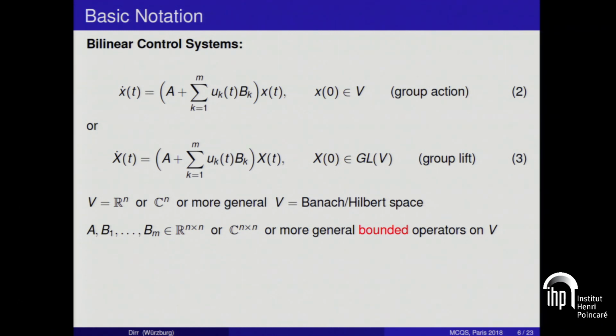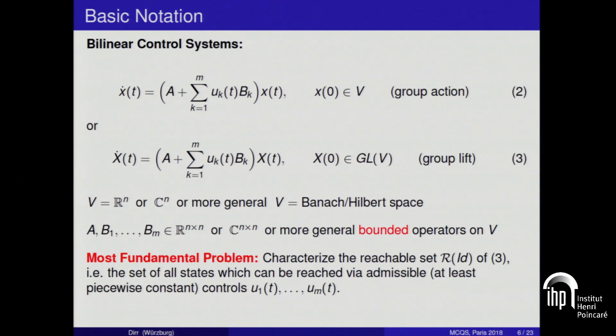They will still be bounded operators, but no longer matrices. They will be bounded operators acting on some infinite dimensional space. So probably the most fundamental problem now is: can we characterize the reachable set of the lifted equation? Once we know the reachable set of the lifted equation, we also know the reachable set of the equation down on the vector space.